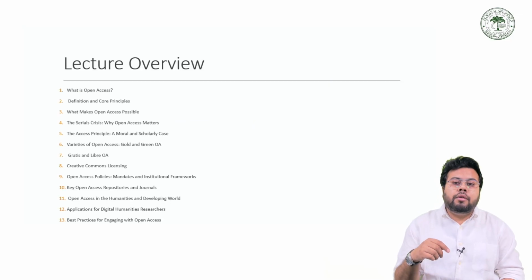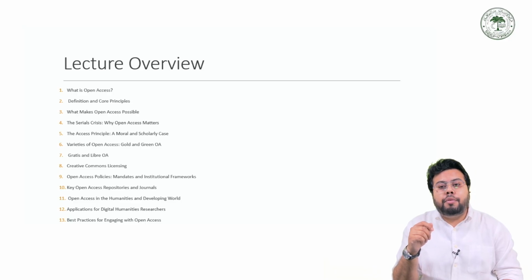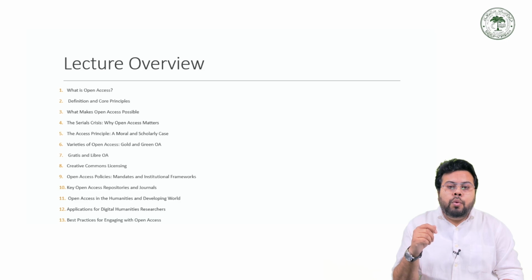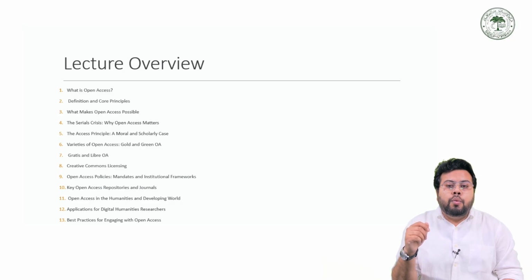Now, here's the roadmap for today. We will begin by defining open access precisely. Then look at what made it possible as a concept and movement. We will examine the serial crisis that created the urgency for it and engage with the ethical argument through Suber's access principle.